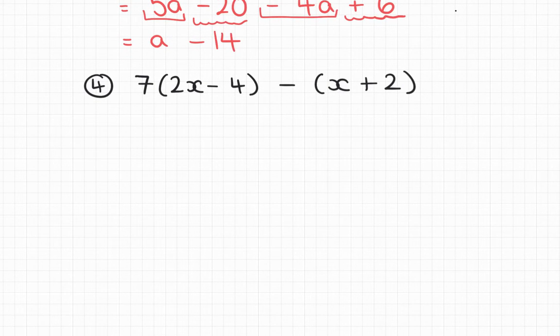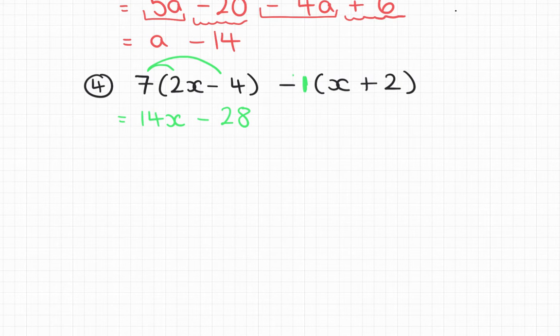So if I start by multiplying out the first bracket, 7 times 2x, that's going to be 14x. 7 times minus 4, it's minus 28. And in this one, we don't really have a number in front of the bracket, but remember in algebra, when we have a number 1, we just leave it out. So we could think about this as having a number 1 in there if you like.